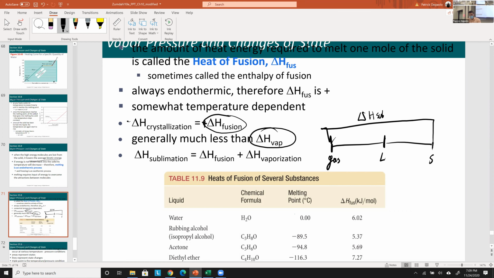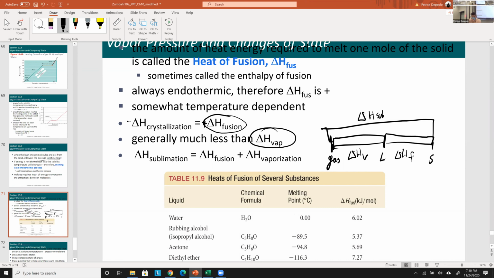Heat of fusion is going from solid to liquid, so that's delta H fusion. Going from liquid to gas is heat of vaporization. So the heat of sublimation is going from one end of the spectrum to the other. So the way you can sum that up is by knowing the heat of fusion, which is going from solid to liquid, and then the heat of vaporization, which is going from liquid to gas, my bad.